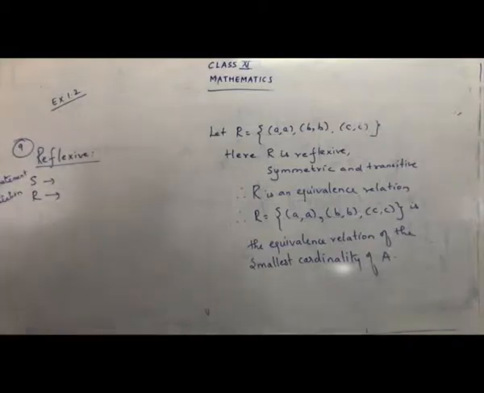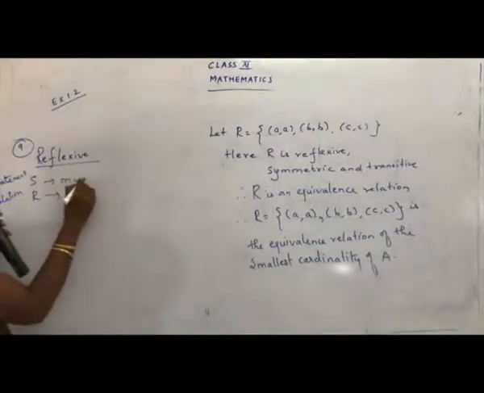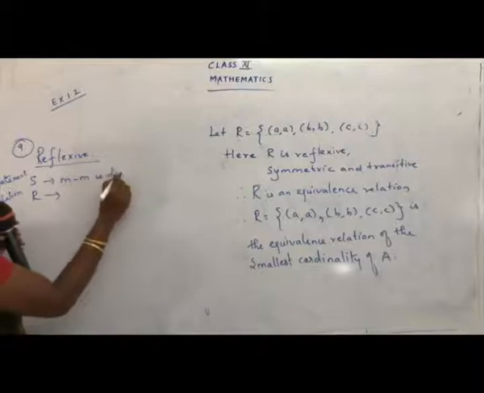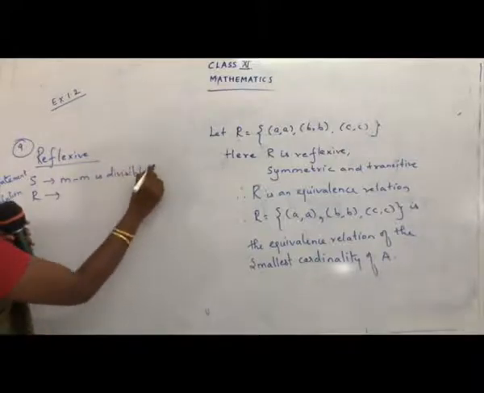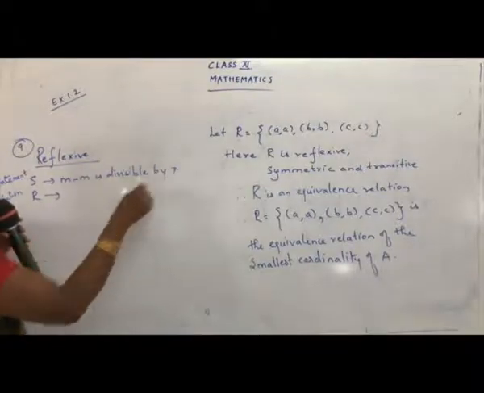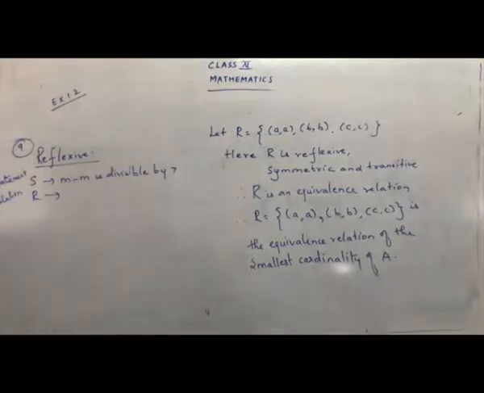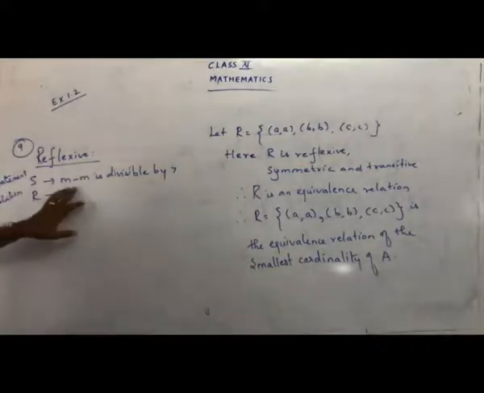For reflexive, what will you write? M minus m is divisible by 7. Let's check using a small example. M minus m is divisible by 7 means, okay, m minus m means what? 0. Let's suppose you are taking the number as 7.